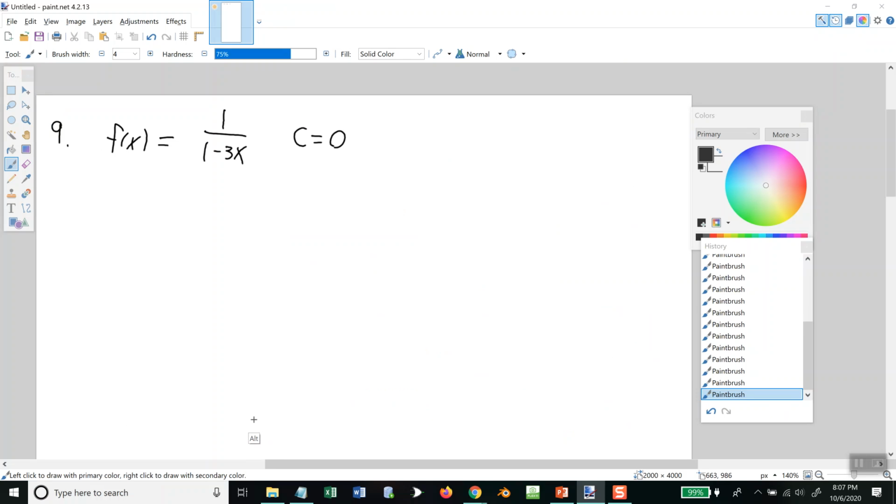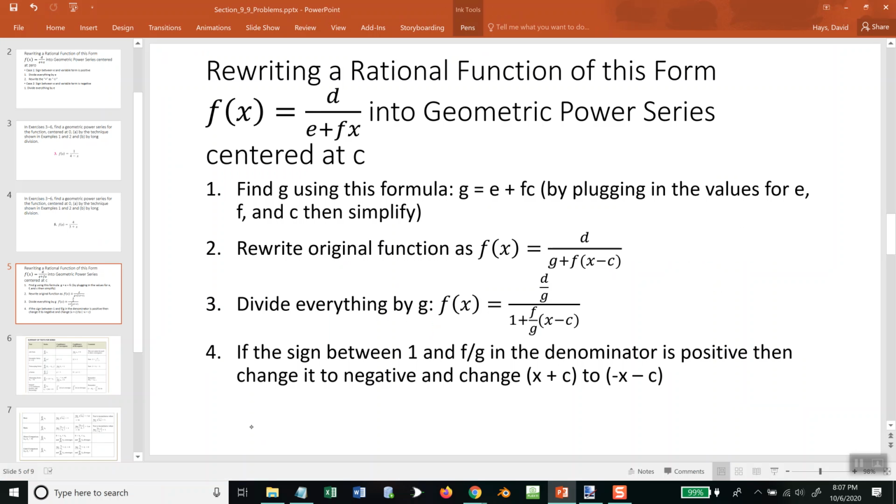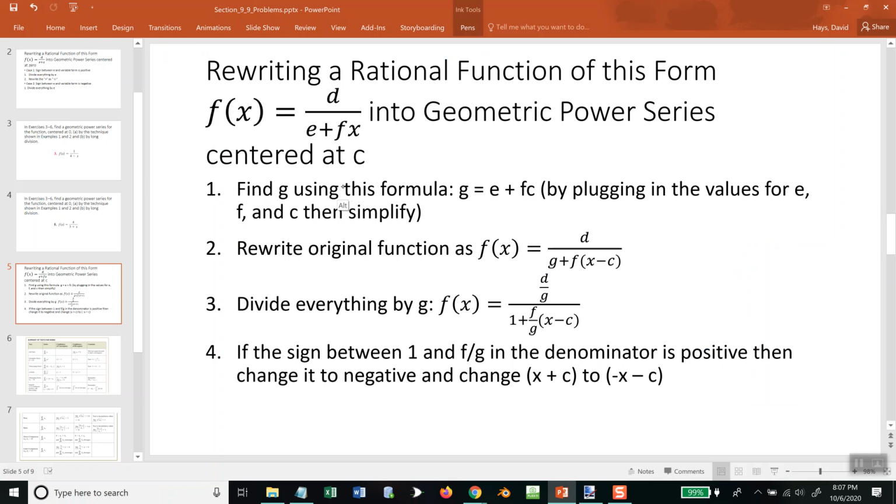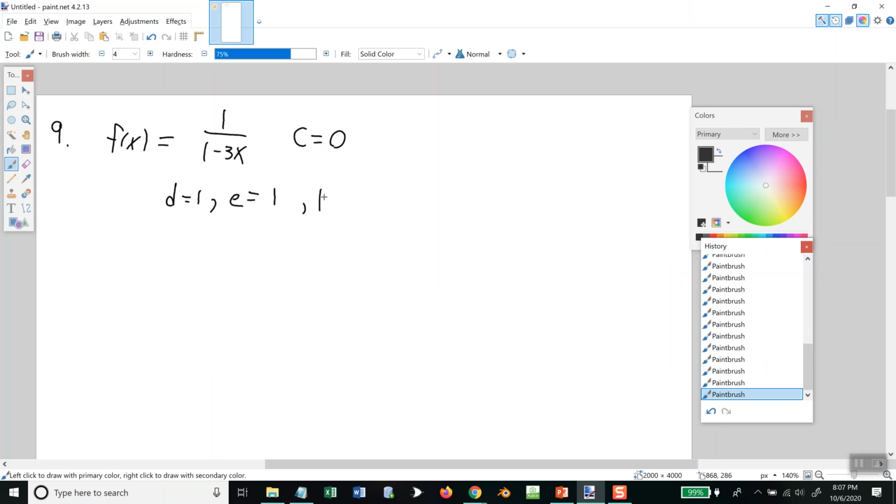Okay. Back to these steps. Identify your E, D, and F. So D is a number on top, which is 1. E is a constant term on the bottom, so the E is 1. F is a number in front, which is -3. And obviously C is 0.